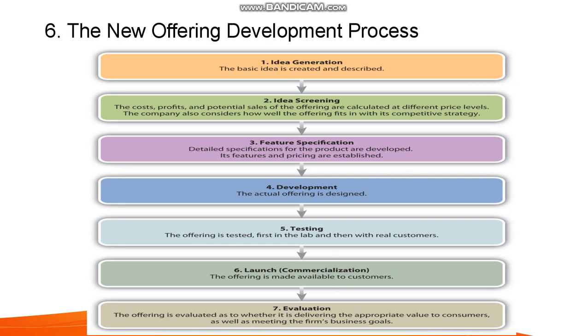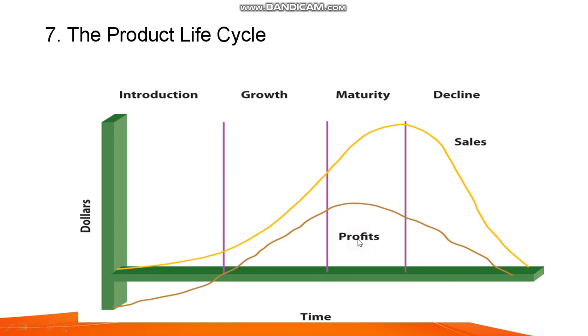In this step, the offering or product is made available to customers. And the last step, number 7, is evaluation. In this step, the offering is evaluated as to whether it is delivering appropriate value to the customer as well as meeting the firm's business goals.